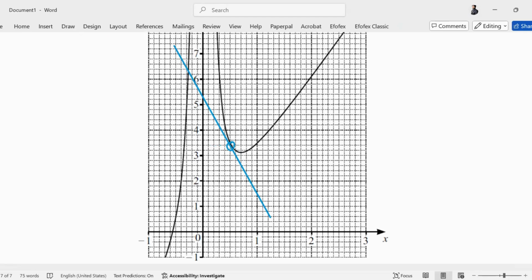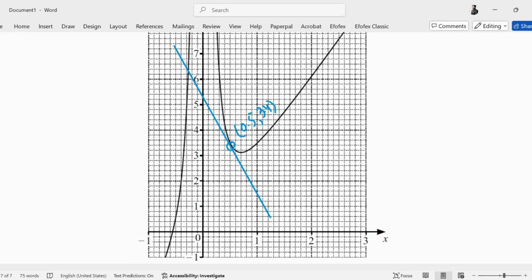1, 2, 3, 4, 5. This coordinate is 0.5 on x, and on y it is 3.4. So these are the x and the y coordinates. I can take any other point which I can clearly read from the graph, because that would help us.